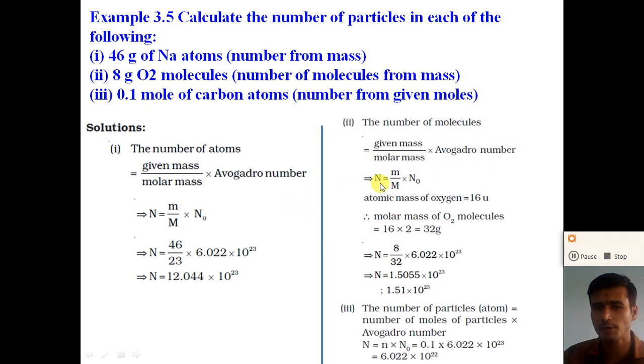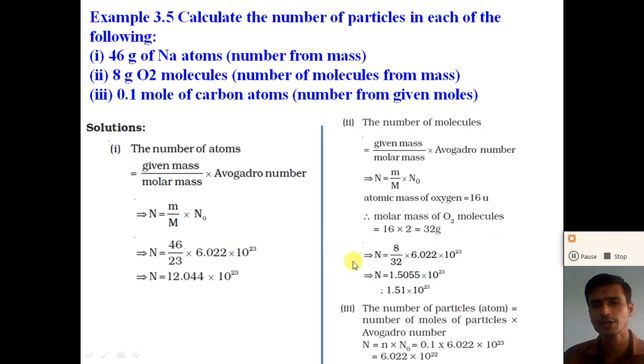So the number of molecules, capital N, is equal to small m divided by capital M into N0. Here small m is the mass of the oxygen, capital M is the molar mass, and N0 is the Avogadro number. Now the atomic mass of the oxygen is 16 amu, so the molar mass of the O2 molecule is 16 multiplied by 2, that is 32 gram.